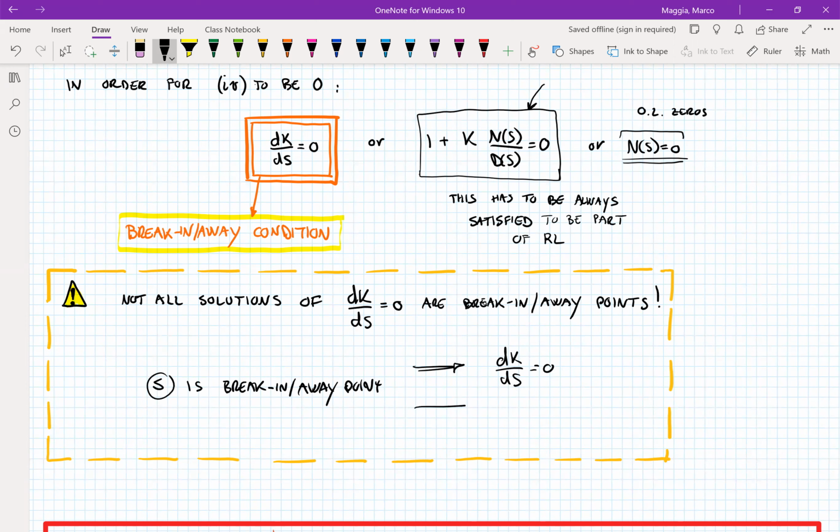But a solution to dk over ds equals 0 does not imply that such a solution is also a break-in or breakaway point. So you have to be careful when you solve this equation. You have to analyze all the solutions because some of them might not be feasible break-in or breakaway points. That's why your judgment is required.